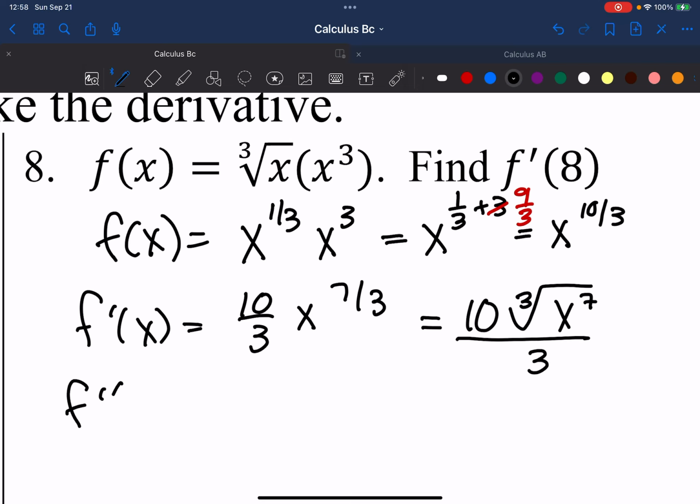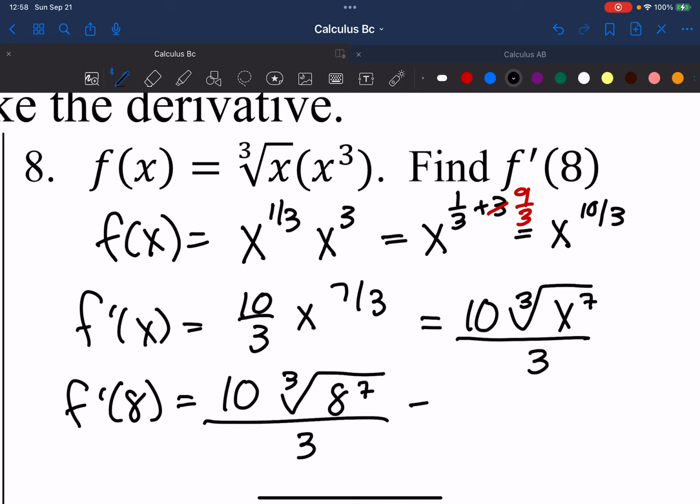Then I'm going to plug in 8 for f prime of 8. So I have 10 times the cube root of 8 to the 7th power, over 3. 8 to the 7th power, and then taking the cube root of that, you could just plug that into the calculator.